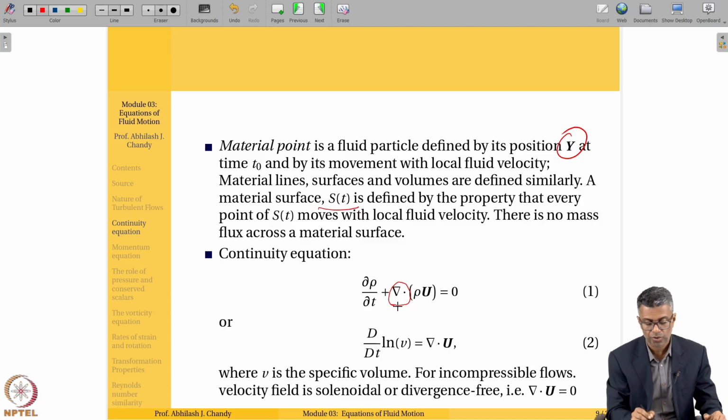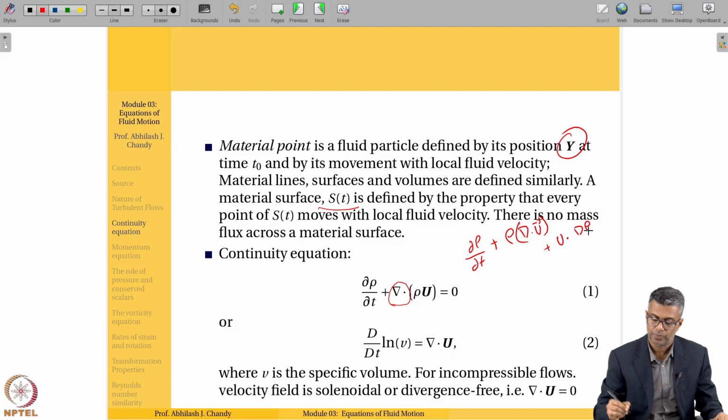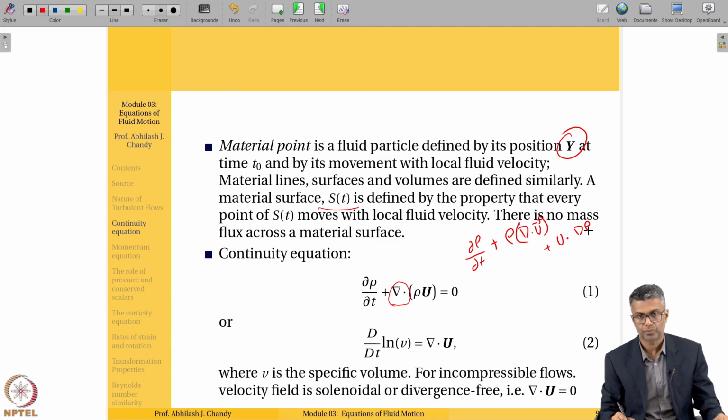Another way to write the continuity equation is as follows. The way you get this is, you can write this as del rho del t. The second term, the divergence term, you can use vector identities to write as rho del dot u, plus u dot del rho.